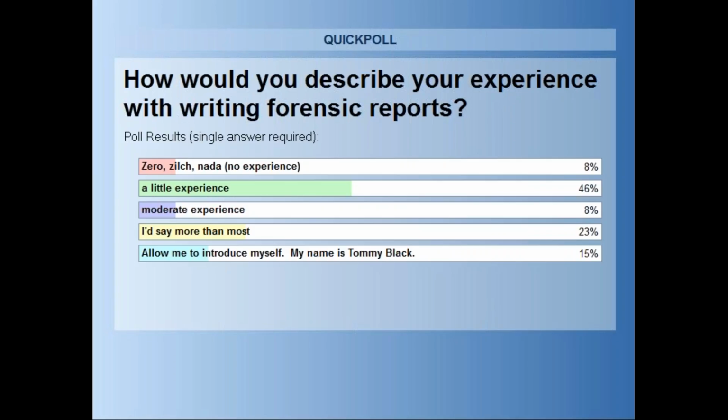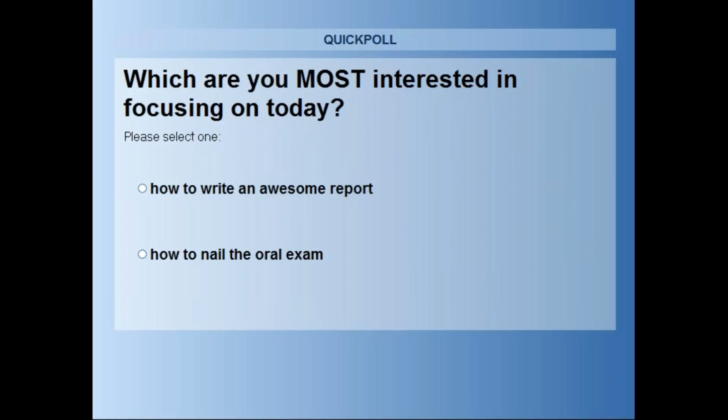Okay, one more polling question and then we'll jump into things. Which are you most interested in focusing on today? Two options: how to write an awesome report or how to nail the oral exam. You get to pick which of those two you are most interested in focusing on with today's webinar.